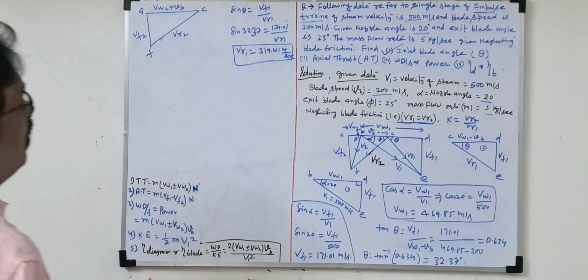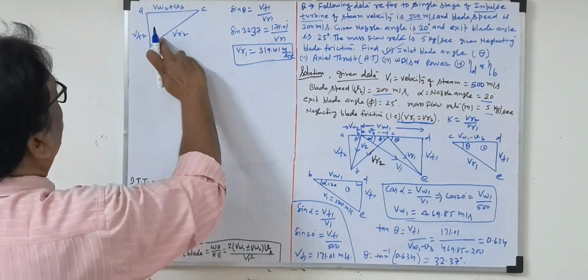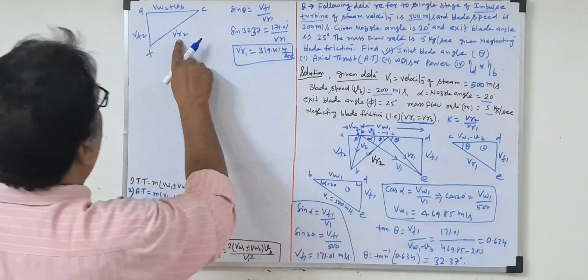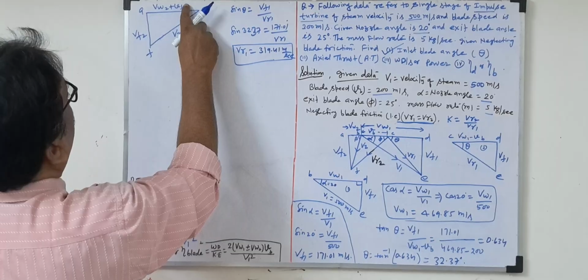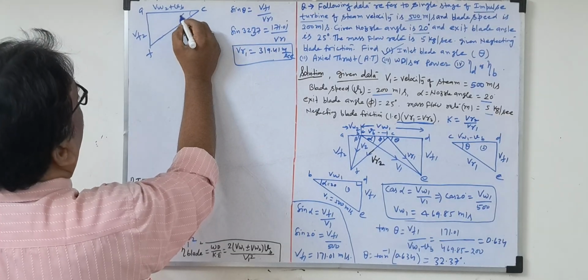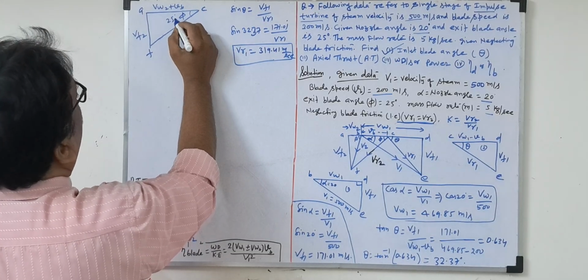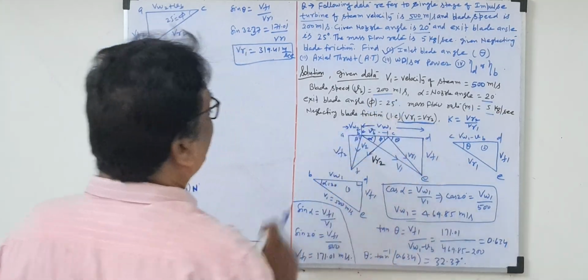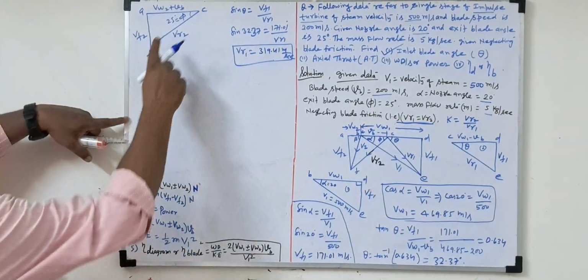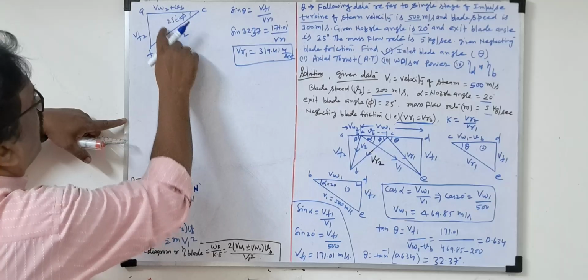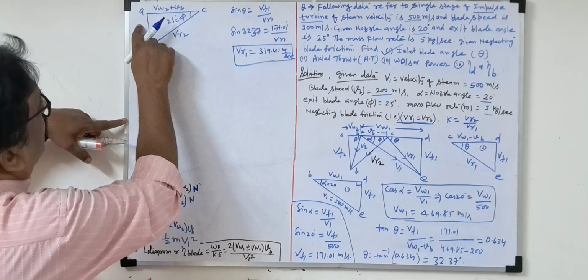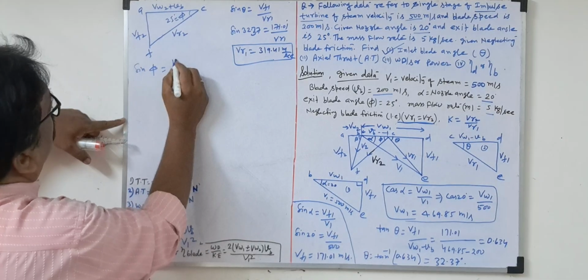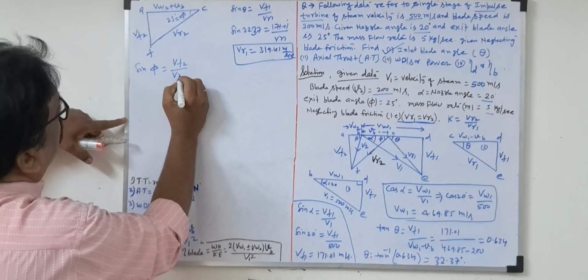Given the conditions, VR1 equal to VR2. So that means VR2 we know. VB, this phi angle is given, 25 degrees, the exit blade angle. VR2 we know, so we'll take sin phi, which is VF2 by VR2.